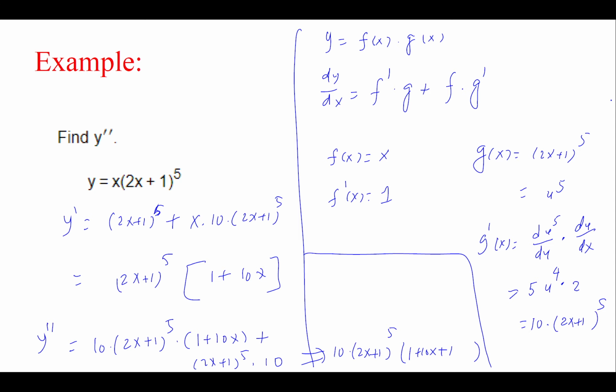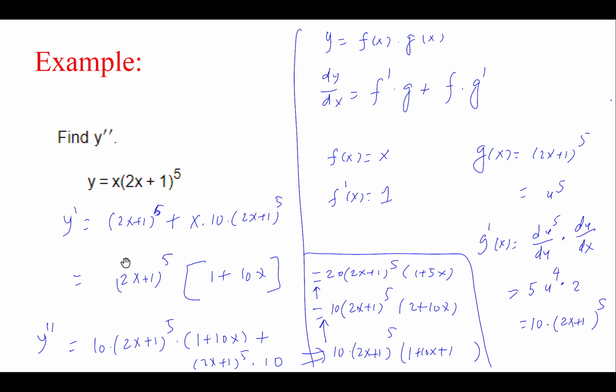And you can factor out 2 again. So 10 times 2x plus 1 to the power 5 times 2 plus 10x. We can factor out 2 from here, so 2 times 10 is 20, and then 2x plus 1 to the power 5 times 1 plus 5x. So that's the final answer.